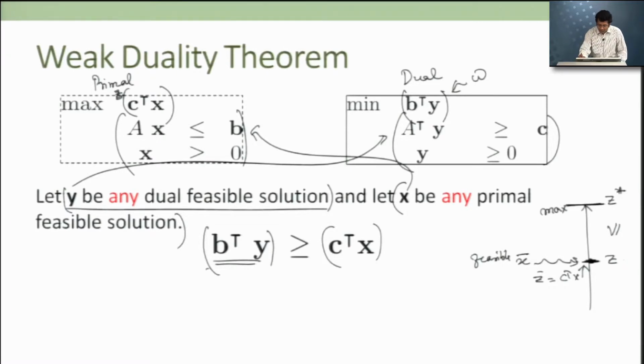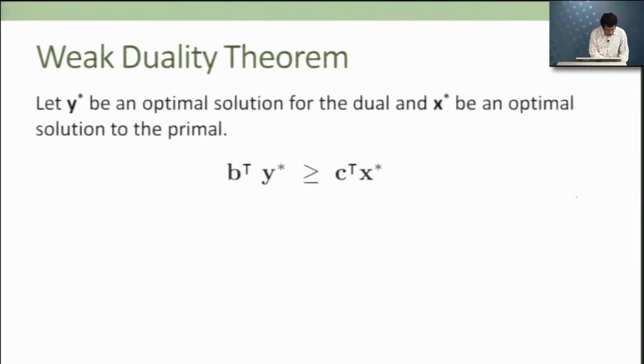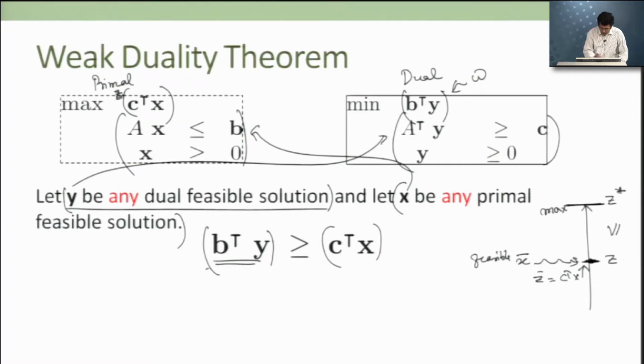And likewise, looking from the dual world, go back to the previous slide. Looking from the dual world, you get the following. I have W as the dual objective that I'm trying to minimize, and when I minimize it, I'm going to get some value W star, and W star may be equal to Z star. We don't know.